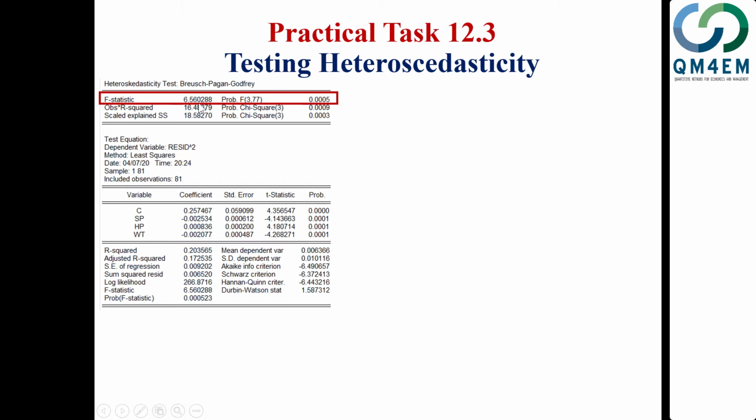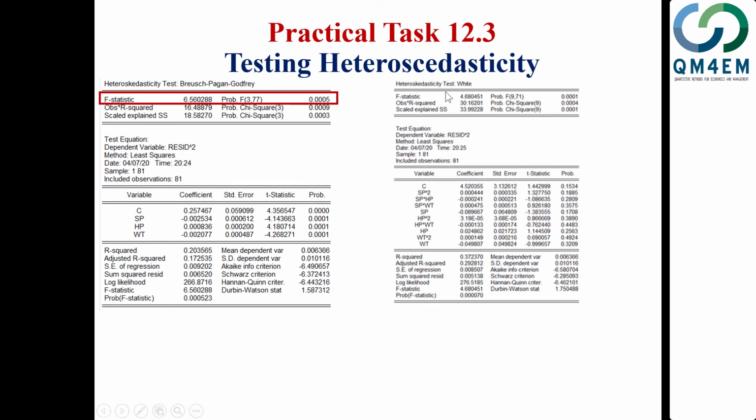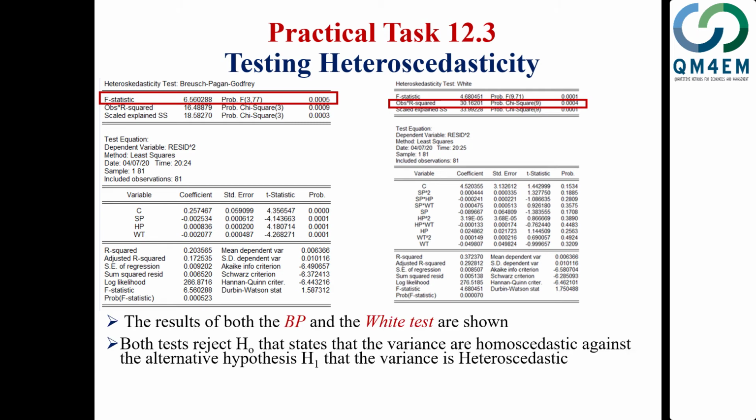If you see here, it's statistically significant, and again it's rejecting H0, and H0 was that the variance is homoscedastic. And if we see the White test and its result, it follows the chi-square distribution, with R-square following the chi-square distribution. It's also showing statistically significant results, and again H0 is rejected, which says that the variances are not homoscedastic.